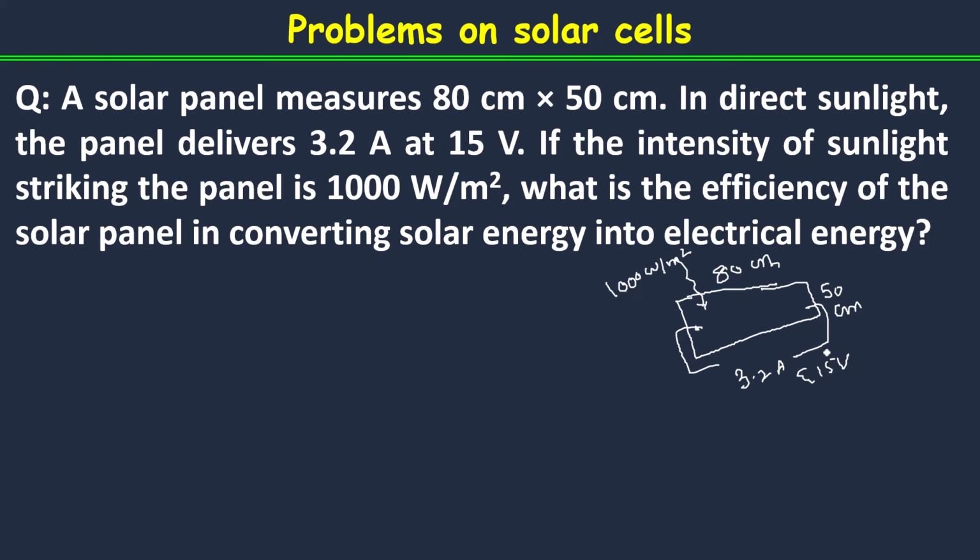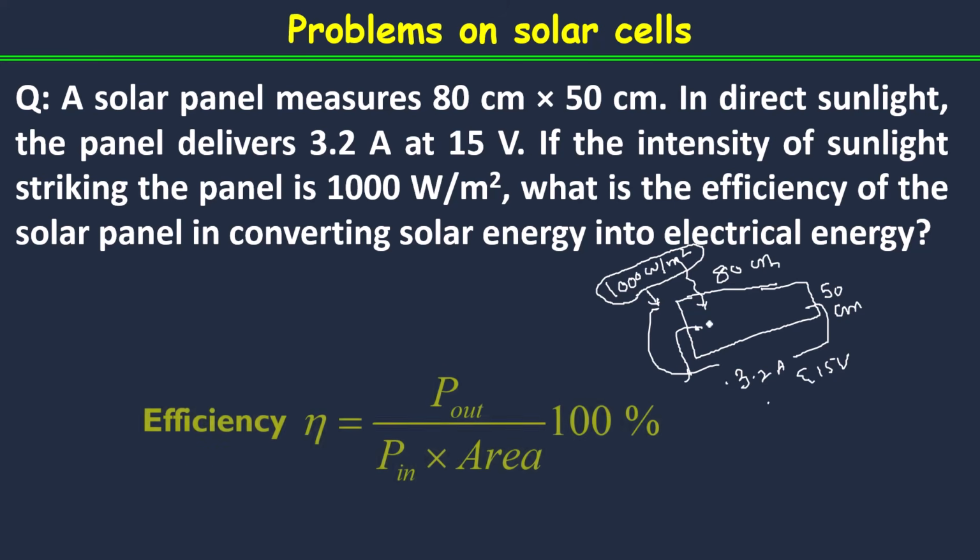Now the question is, when 1000 watts per meter square is falling on the solar cell and it is giving you 3.2 amperes and 15 volts, what would be the conversion of this sunlight into electricity? That is the efficiency, right?